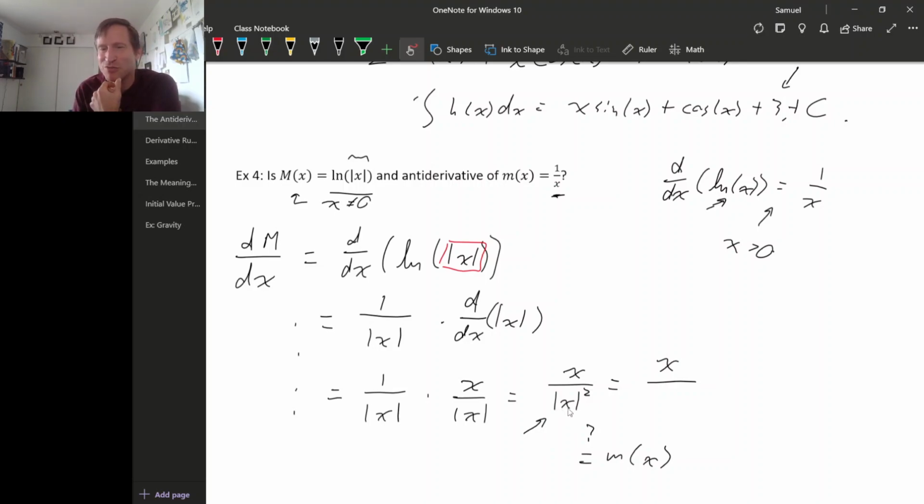The absolute value throws away the minus sign, but the minus sign is going to get thrown away anyway because there's a squared here. So this absolute value of x squared is the same thing as x squared. But now we can simplify this because x over x squared is 1 over x. But that is little m. So this time, unlike the last example, the answer to the question is yes. This function, natural log absolute value of x, is an antiderivative of 1 over x.